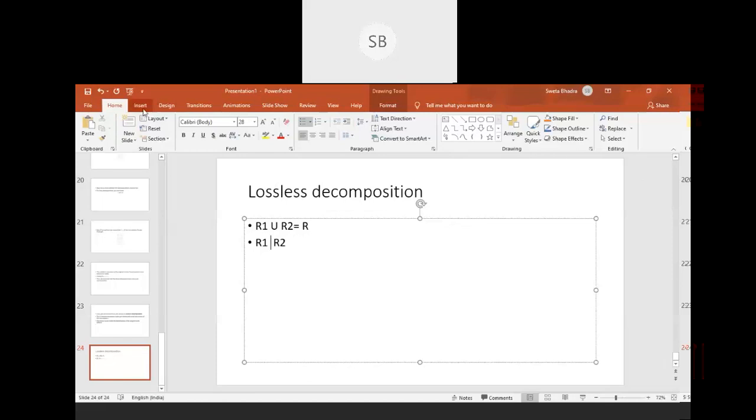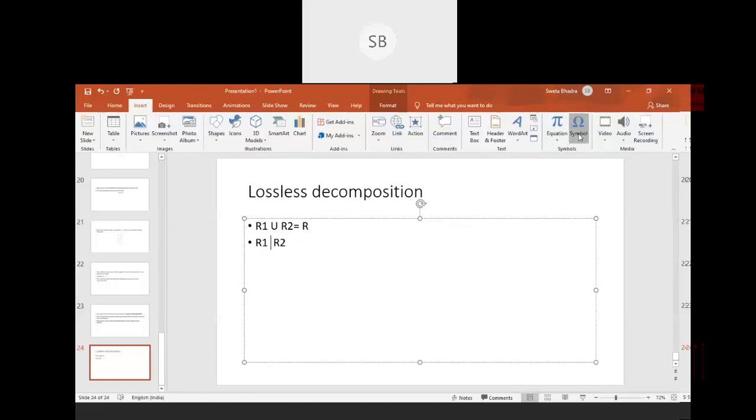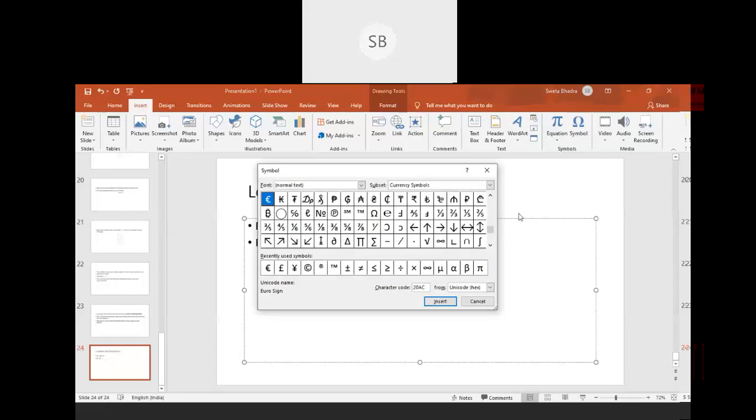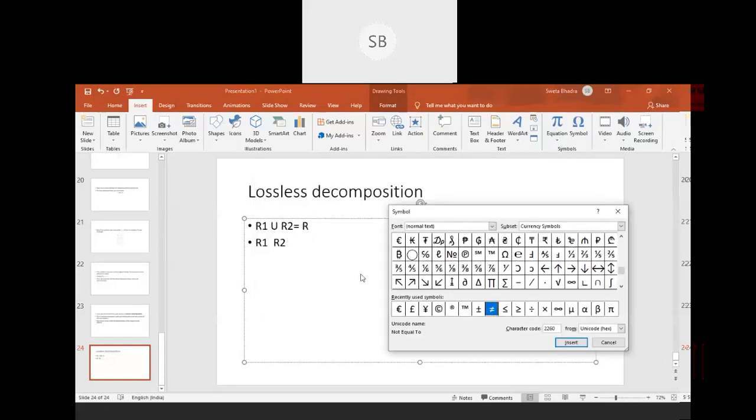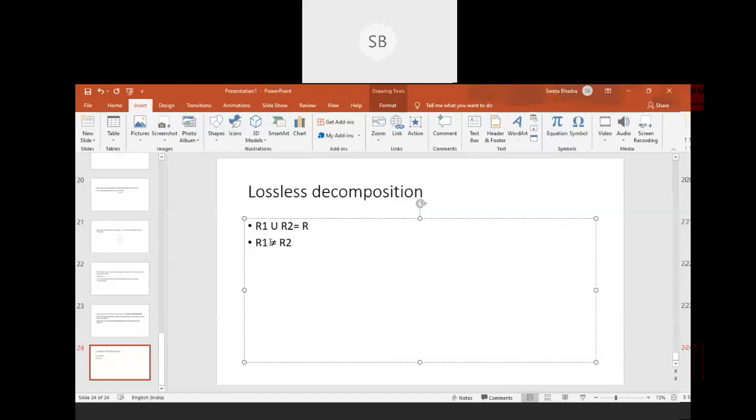So I need to go to formulas, symbols. This is control X, control V. This intersection will be here.